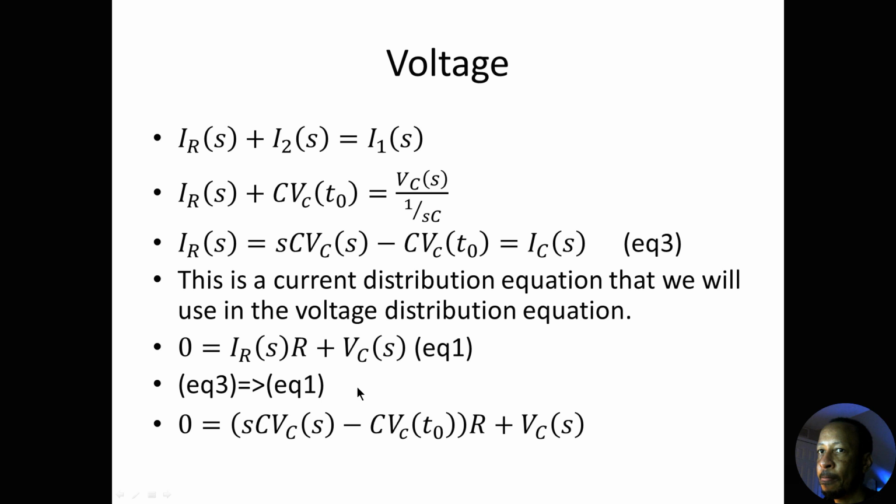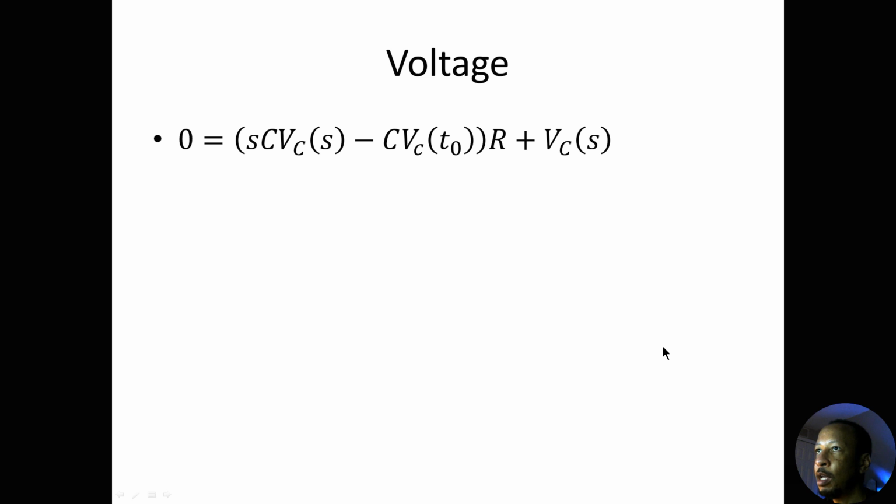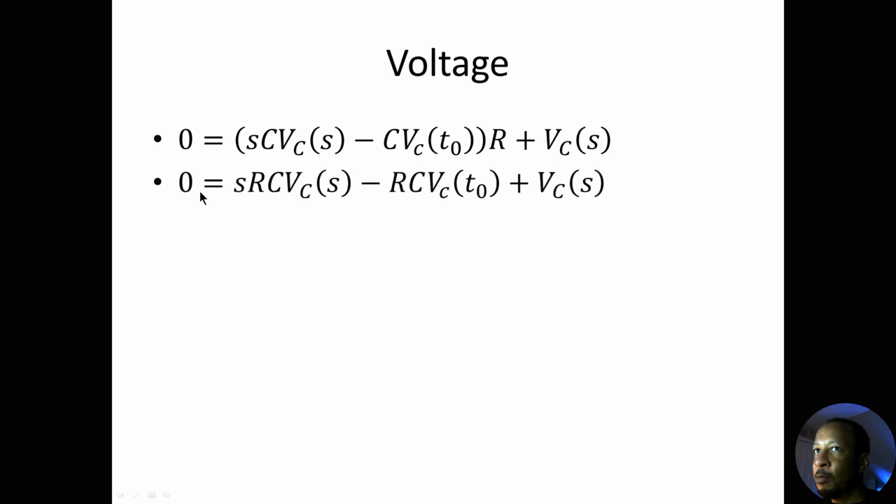Now that gives us 0 equals, in parentheses, SC VC of S minus C VC of T sub 0, times R plus VC of S. Okay, so now with this expression, that now becomes 0 equals SRC VC of S minus RC VC of T sub 0 plus VC of S.